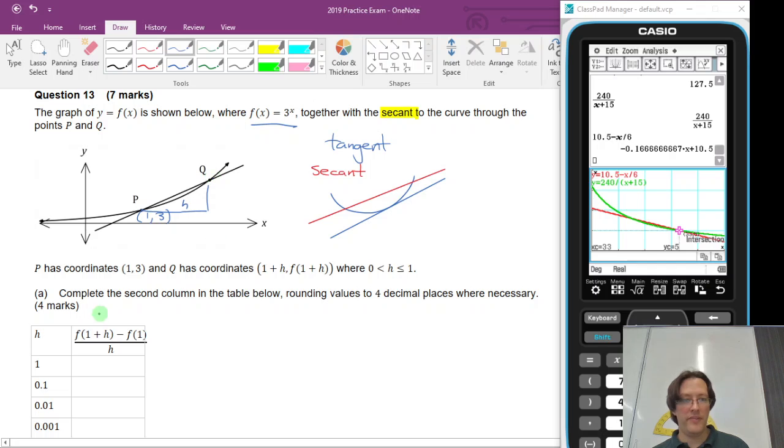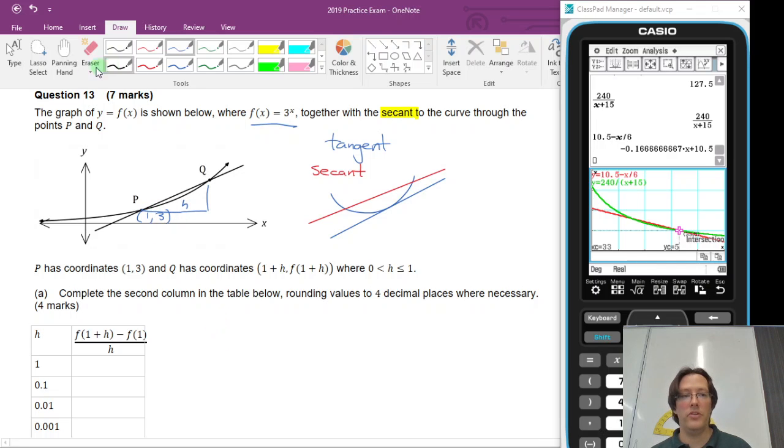Remember what we're finding: f of 1 plus h, take f of 1, over h. We are finding the gradient for these. So that is rise over run, how much it's going up by divided by how much it's going across by.